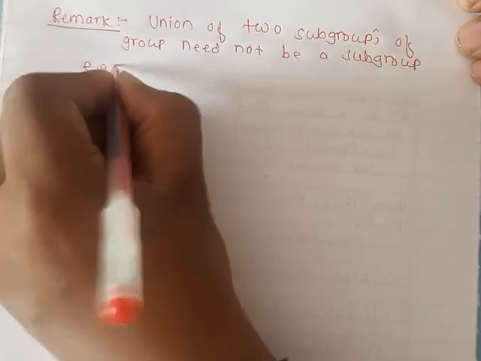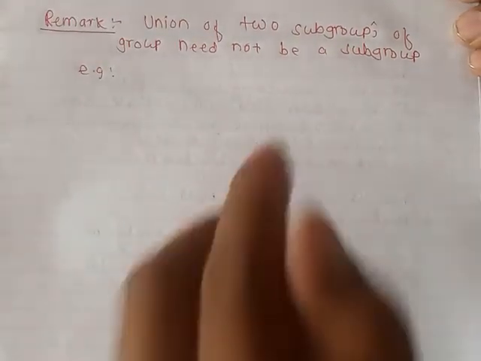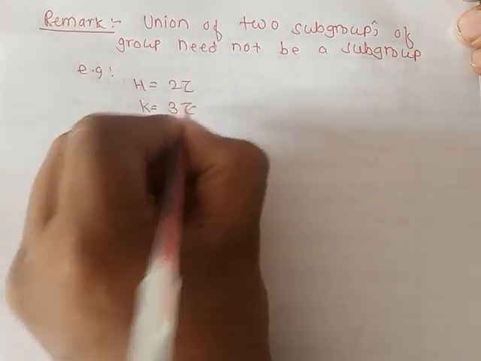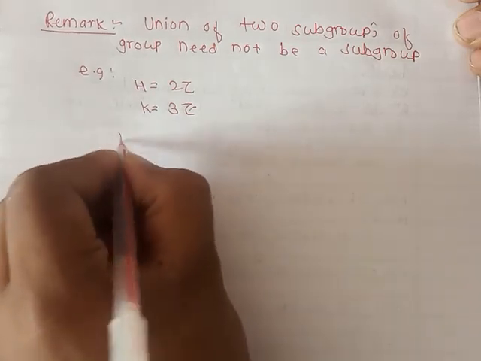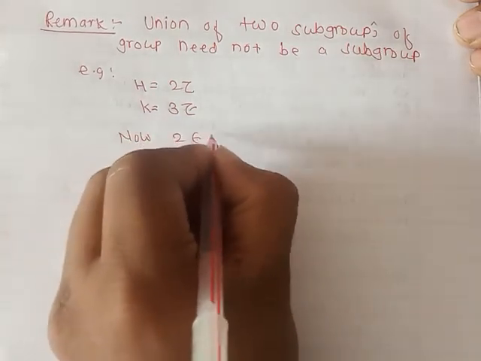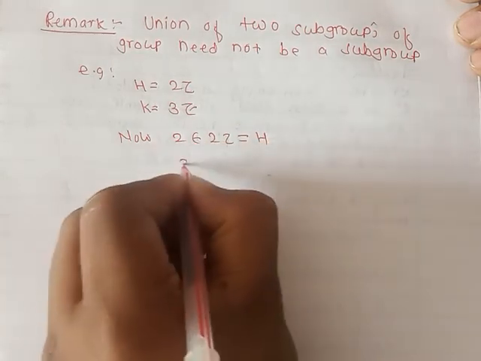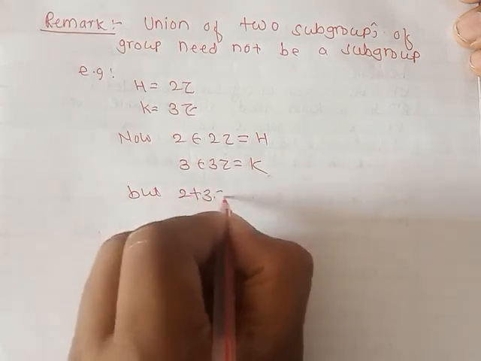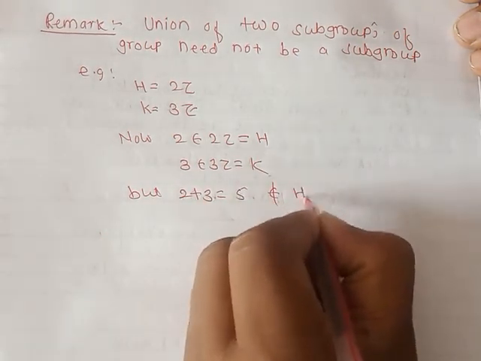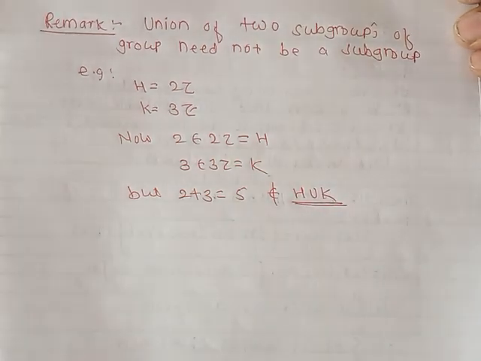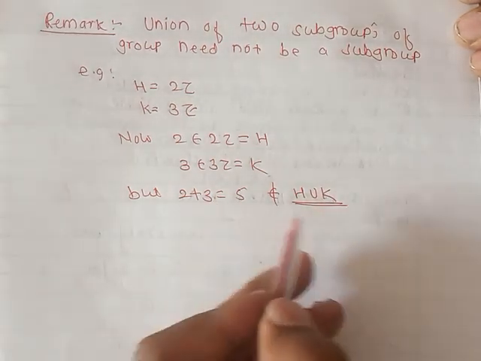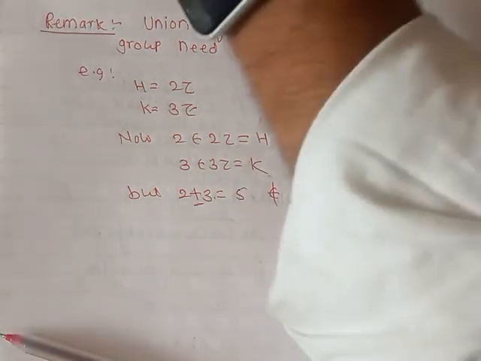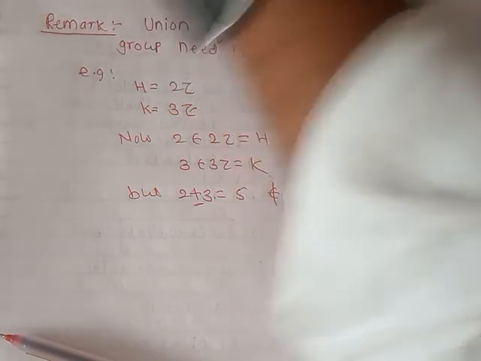For example, H is equal to 2Z, K equal to 3Z. Now 2 belongs to 2Z, that is H, 3 belongs to 3Z, that is K, but 2 plus 3 is equal to 5, which does not belong to H union K. So H union K is not closed under addition. So H union K is not a subgroup, hence the union of two subgroups need not be a subgroup.